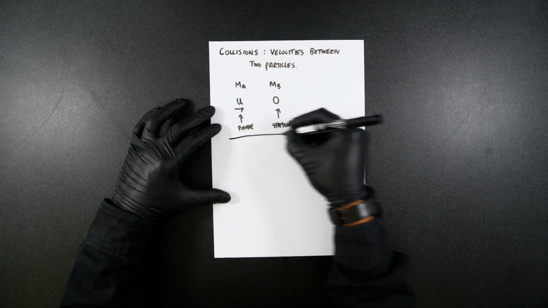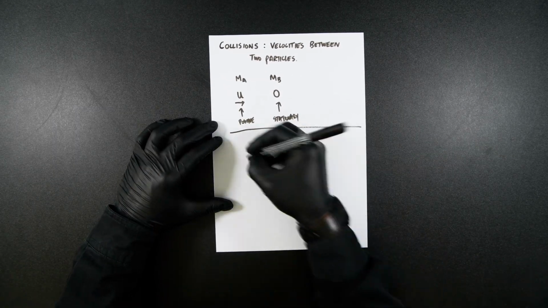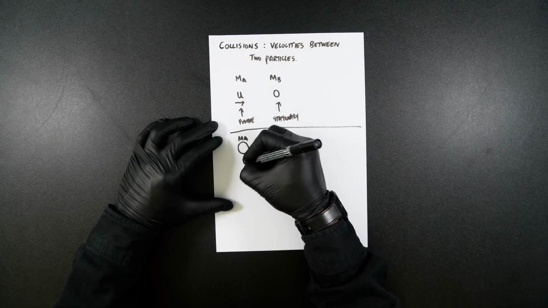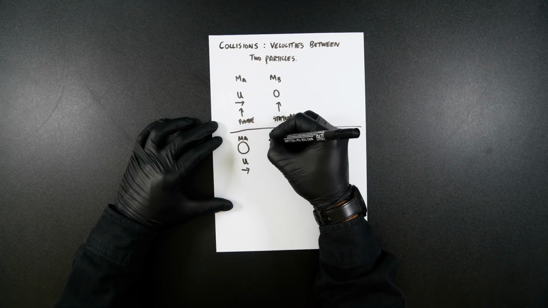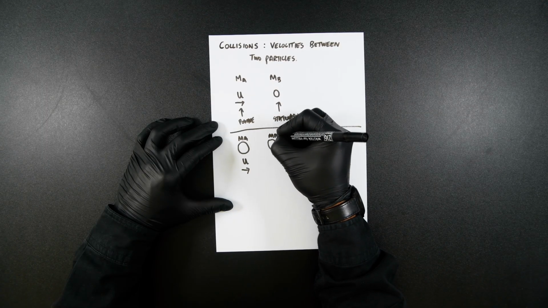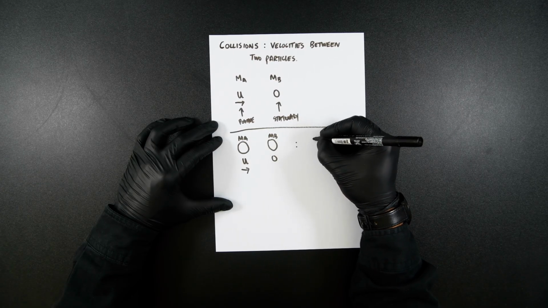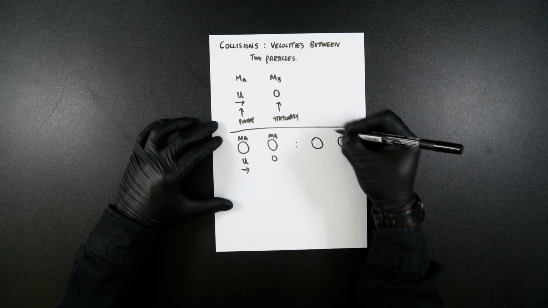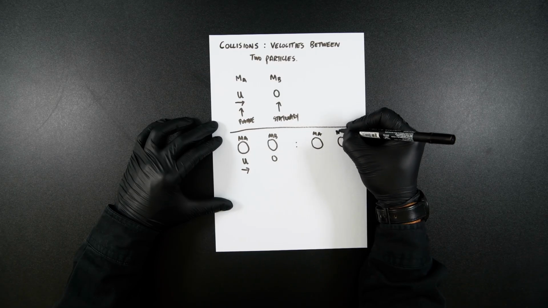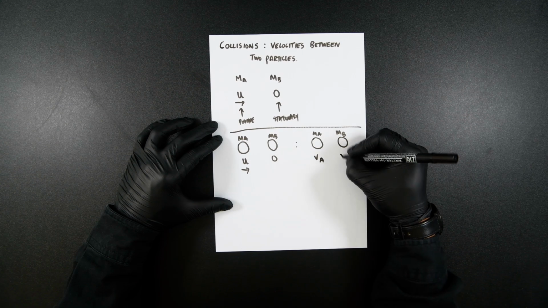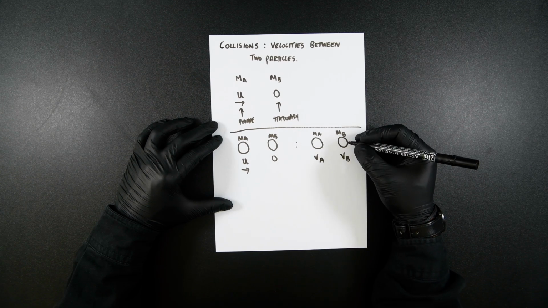So what I always do is draw it out. So you're going to have MA and U in some direction. We're going to have MB, which is going to be 0. And then after the collision, you're going to have MA and MB here, and they're going to have some velocities of VA and VB.